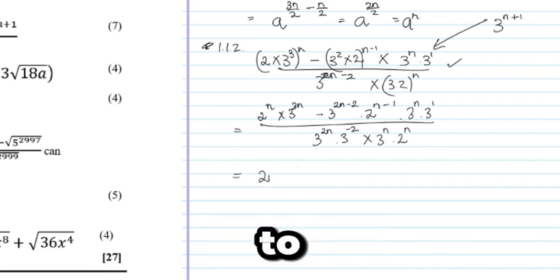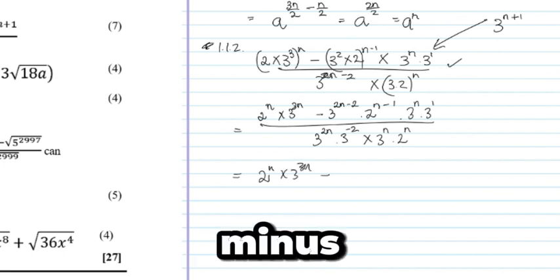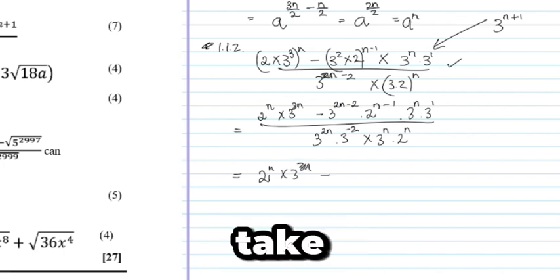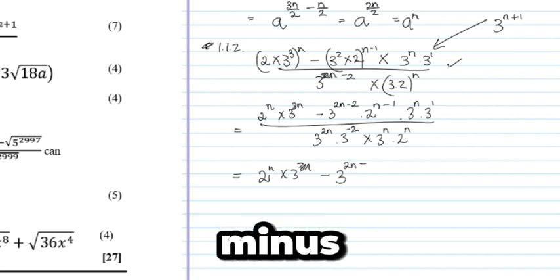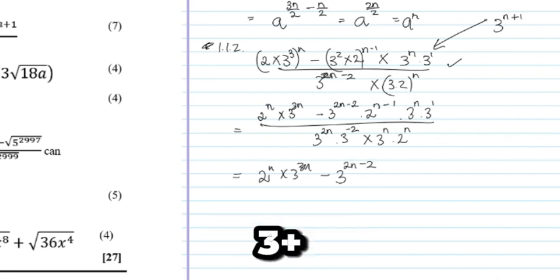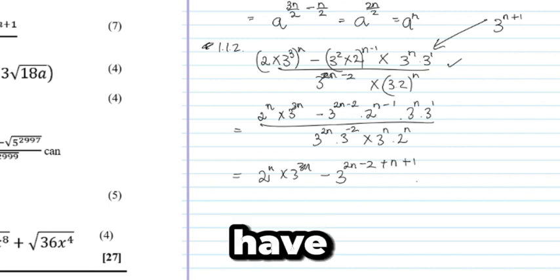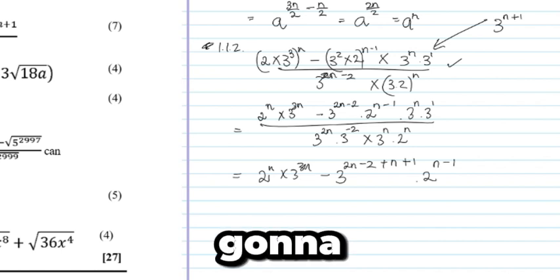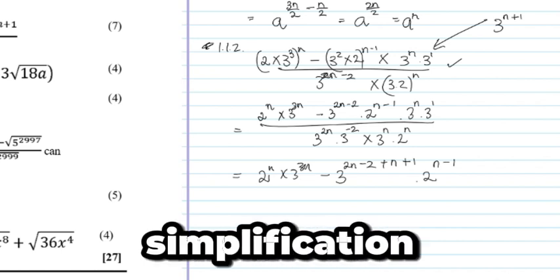So that's going to be 2 to the power of n multiplied with 3 to the power of 3n minus, now if I take this 3 and I'm going to say 2 to the power of n minus 2 and then there's another 3 to the power of n plus 1. Then I have 2 to the power of n minus 1. Like that. So I'm going to split up this term quickly. Let's do the simplification here.